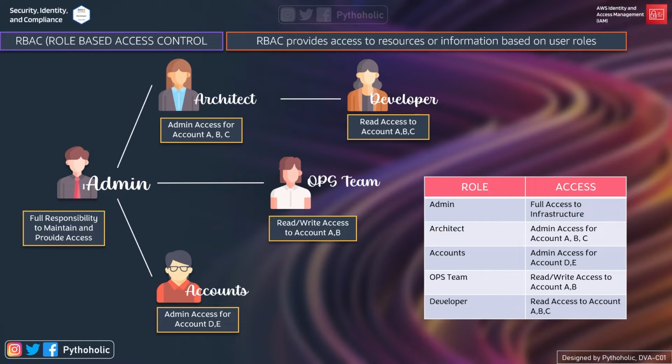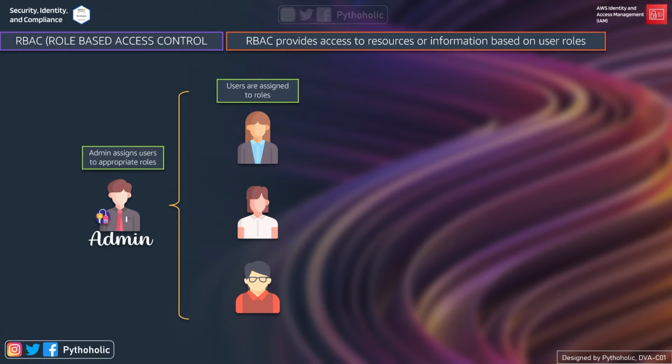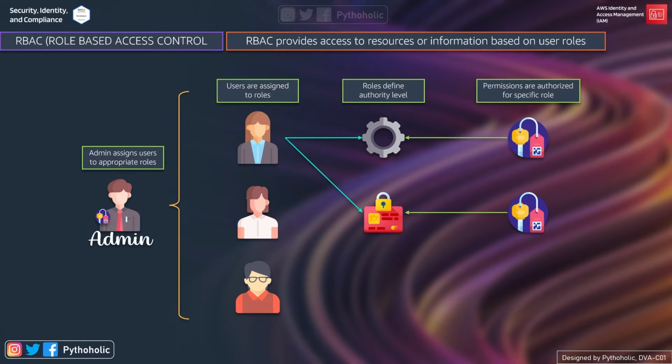When I say we assume a role, let's see how that looks. We can see the admin assigns the users the appropriate role, like SRE, architect, or developer, etc. And we have the users here with their assigned roles, based on which the required authority level and permission is granted.